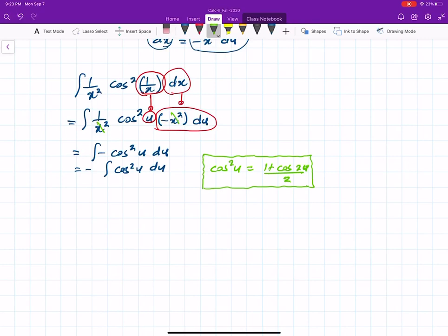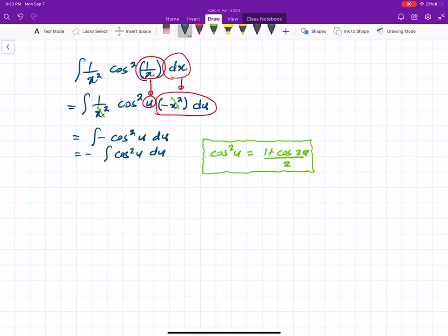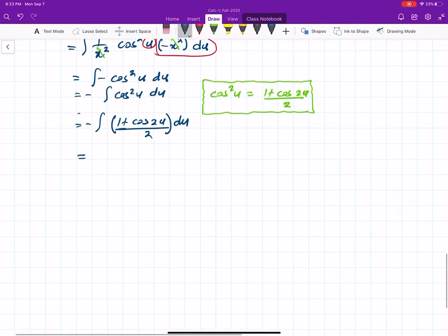All right. So I'm going to use that formula right here. So you substitute it directly. It is minus integration of cos square, you write 1 plus cos 2u over 2, then du.